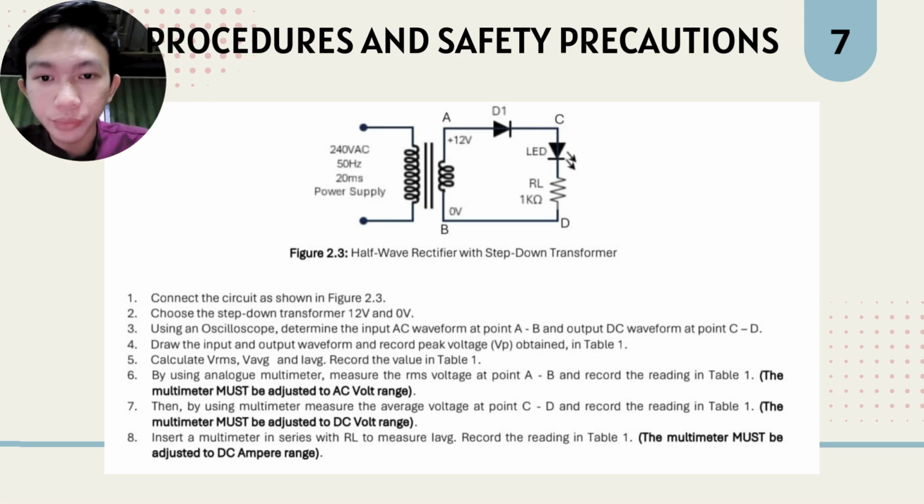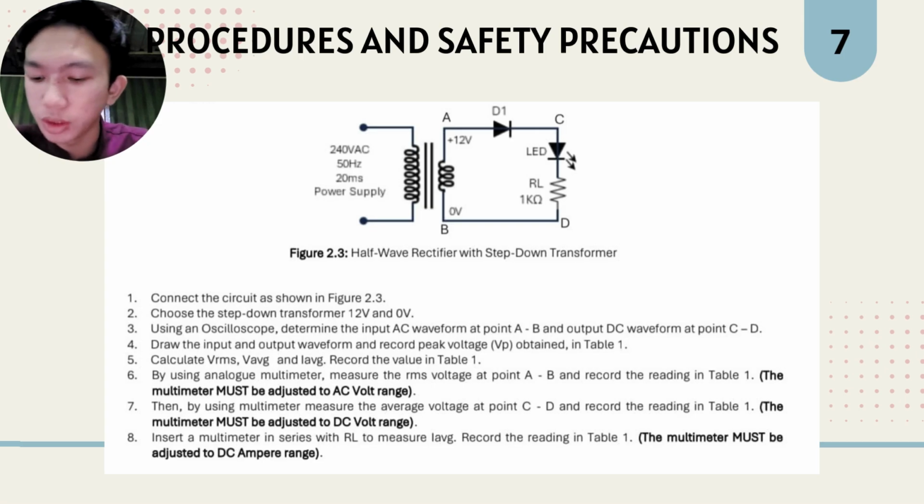For VRMS, we need to find VP first, which is VP equal to VPP, the voltage peak to peak, over 2. So 38 over 2 equals 19 volt.